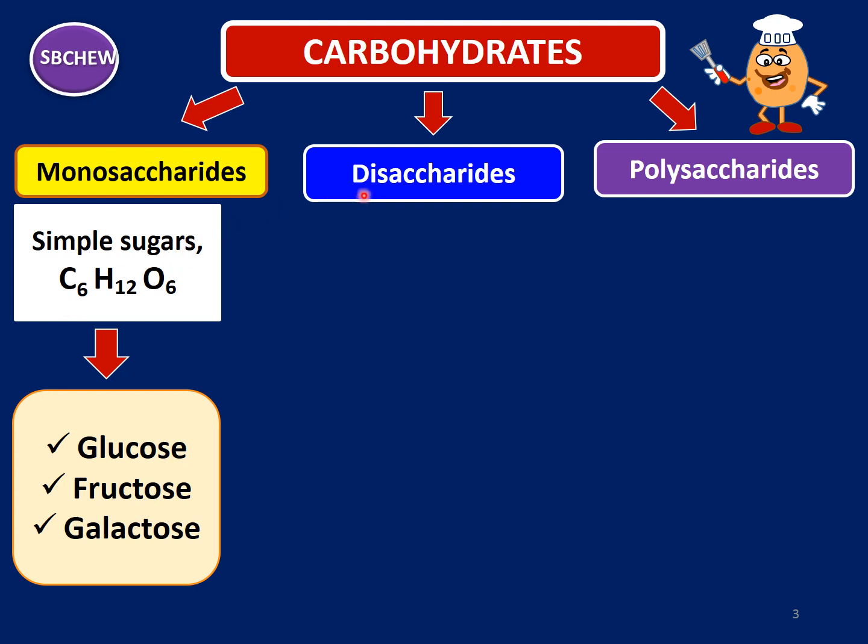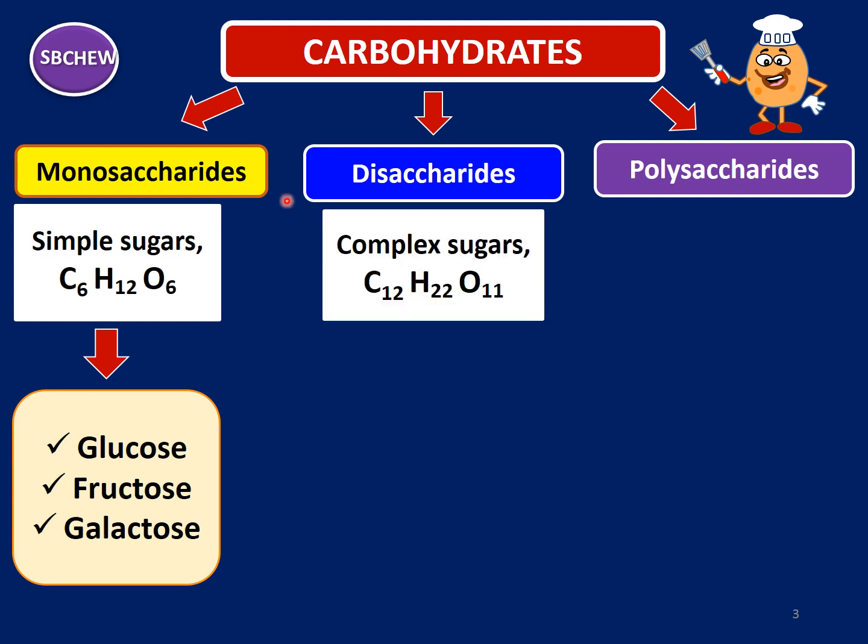The word di here means two. So disaccharides are formed when two units of monosaccharides join together in the process of condensation. Disaccharides are called complex sugars, and they have similar properties to simple sugars.